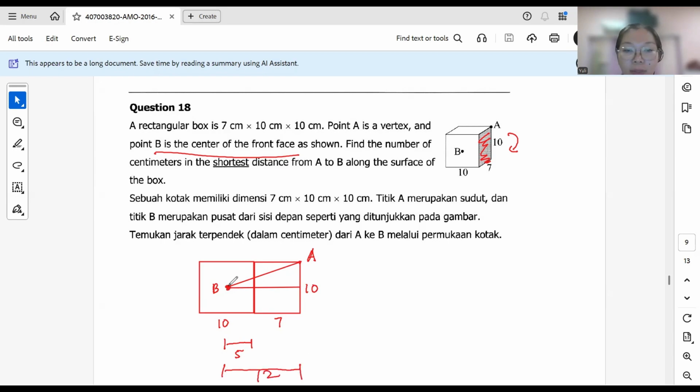From here to here, it's going to be 12. From this, because this is the center, it's going to be 5. So AB, use Pythagoras, right? The answer is 13. This is the answer.